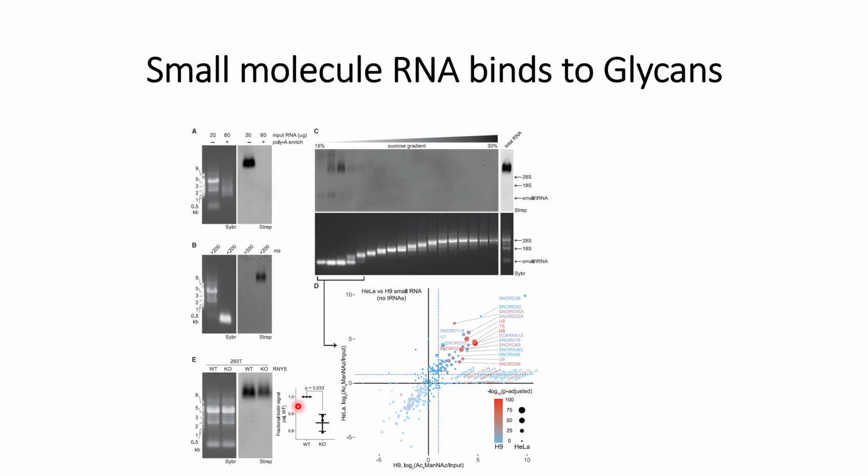This further substantiates the point that the RNA-seq data they have obtained is correct, and there is a 30% decrease in signal in the Y5 knockout sample compared to the wild type. So this figure made the point that small RNA molecules bind to the glycan and not the big RNA molecules.